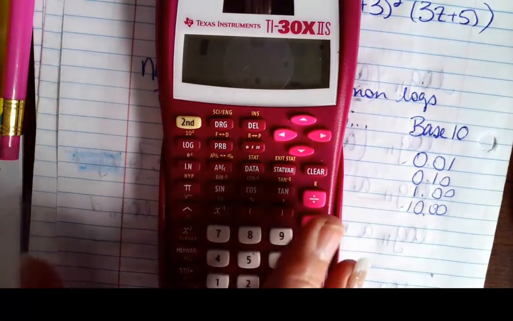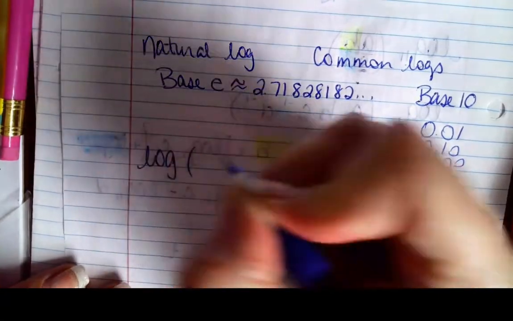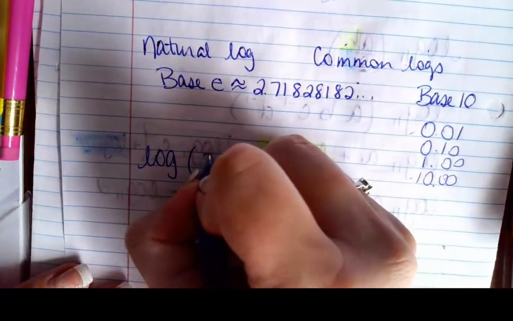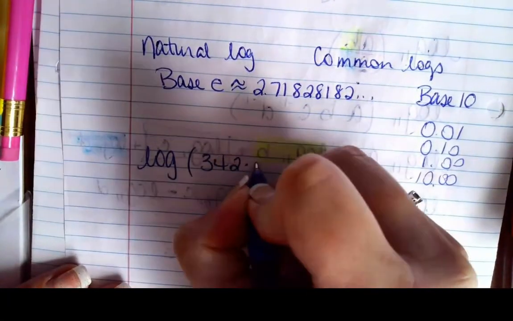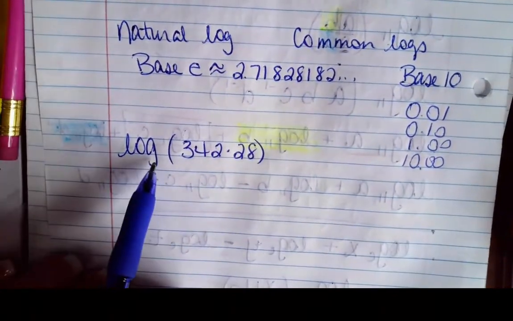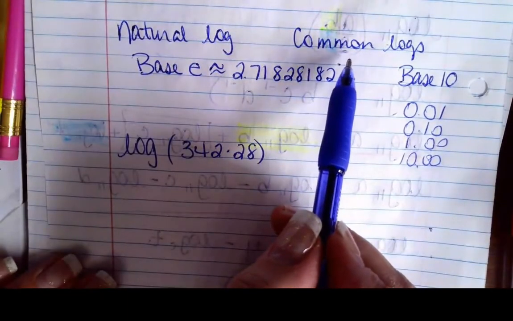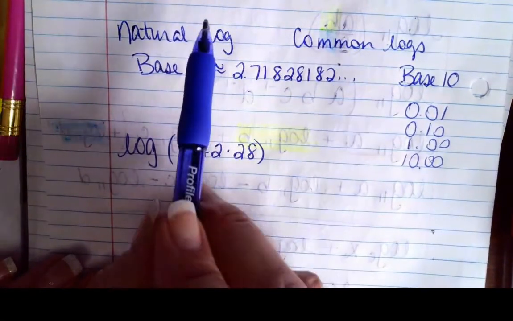I would like to know if I have log of 342 times 28. Can I enter that in my calculator? Well, what base is it in? If your base isn't written, it is either a common log, which is base 10, or a natural log.